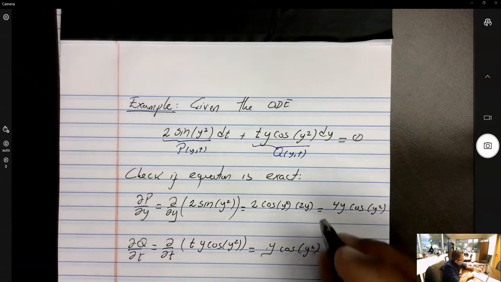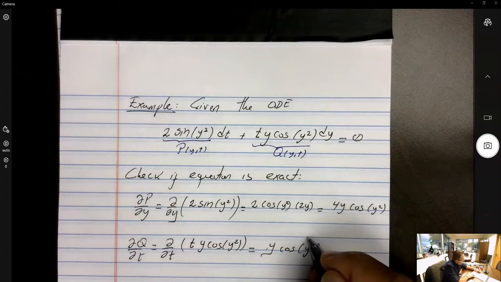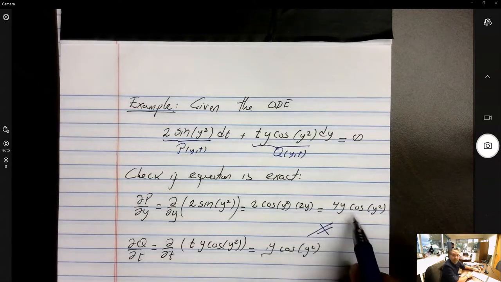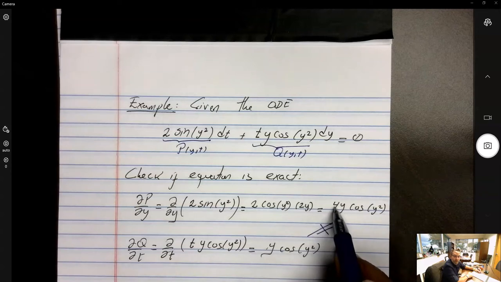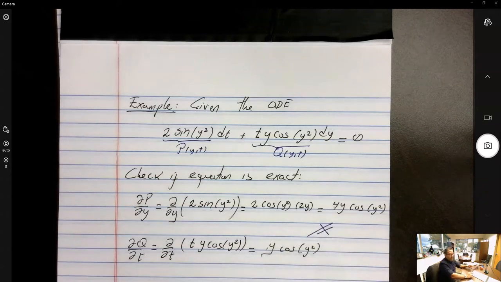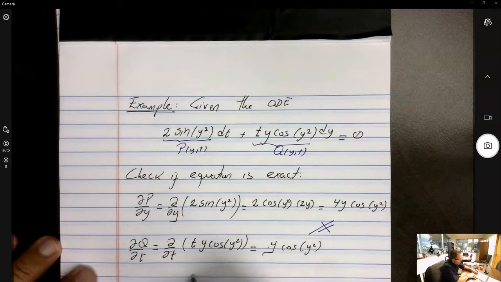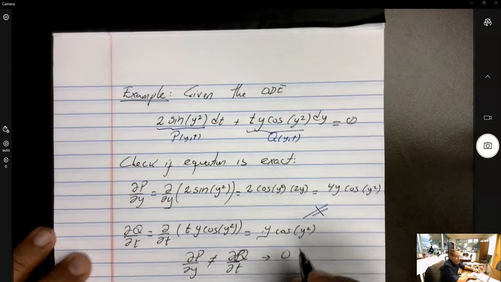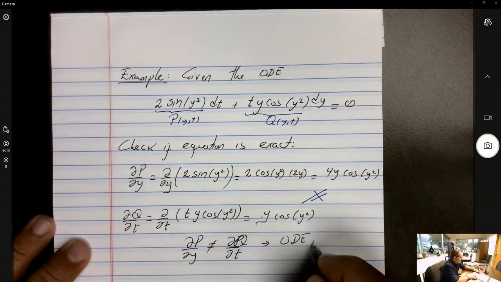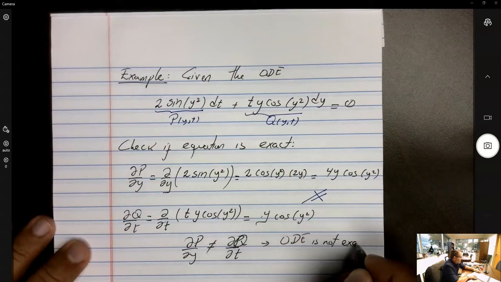So as you can see, even though the only thing that separates these two is a constant, 4, they're not equal to each other, so it's not exact. So dP/dy is not equal to dQ/dt. So the ODE is not exact.